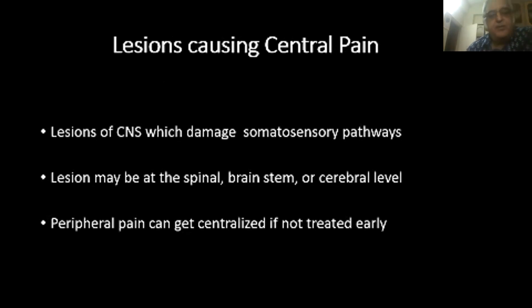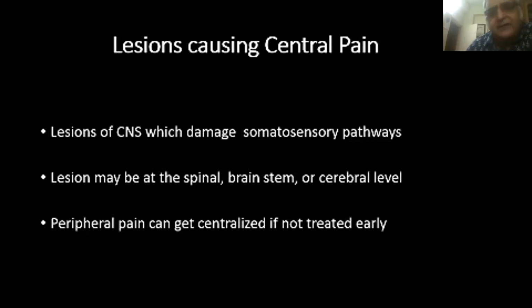Now, the lesions causing central pain are those which damage somatosensory pathways. They can be at the spinal level, at the brain stem, or anywhere at the cerebral level, but they have to be in the somatosensory pathway. I mean, it has a route. The route is the spinothalamic tract to the thalamus, and from the thalamus to the parietal and the anterior part.